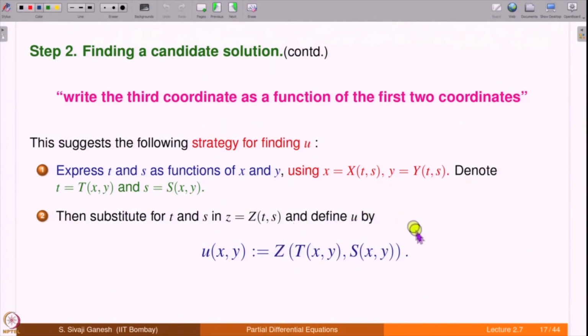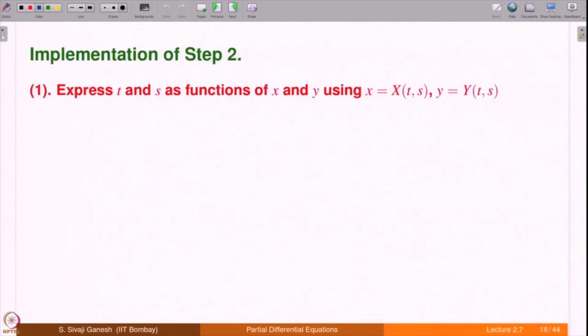So, we got some function of x,y, call it u(x,y). This should work because z itself was motivated like that. The equation for z was derived using that it is going to be the value of the solution along the base characteristic of (x(t,s), y(t,s)). Refer to lecture 2.6. So, therefore, it should work, but there can be very technical difficulties, we will see what they are.